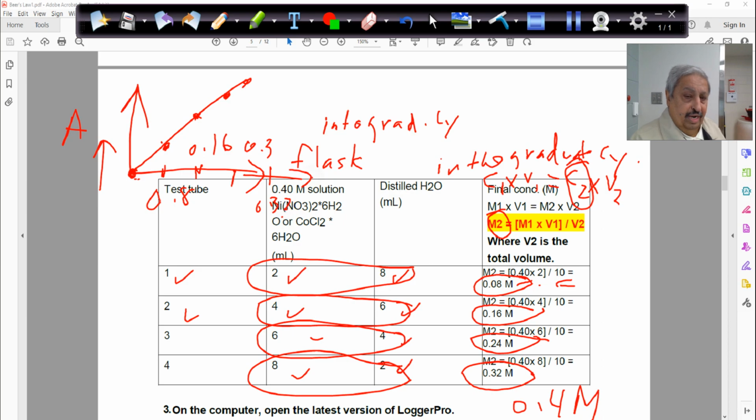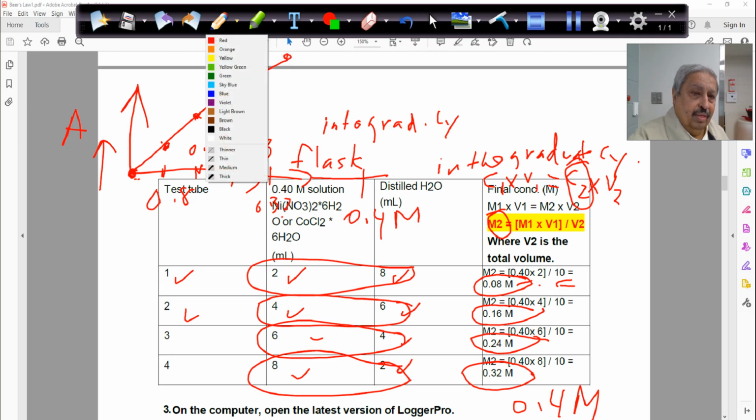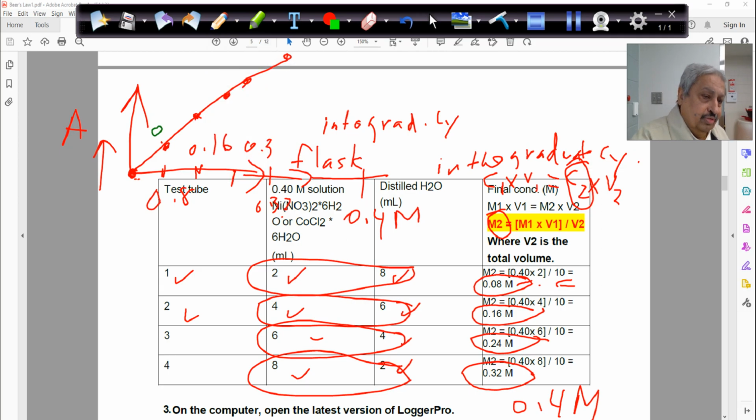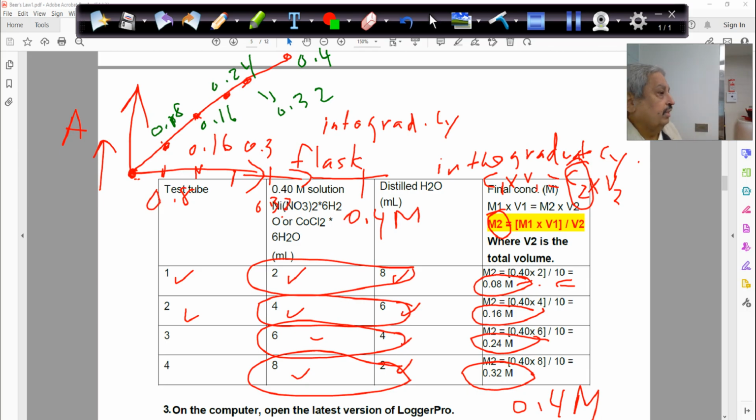Let me write the concentrations here: 0.08, 0.16, 0.24, 0.32, and the last one is 0.4. So you have 6 points in Excel, and from there you have to determine the relationship.